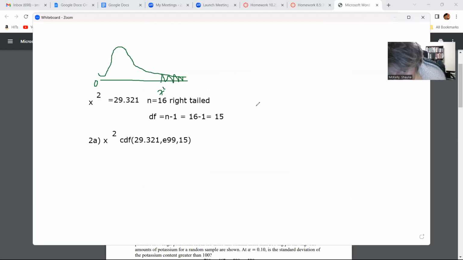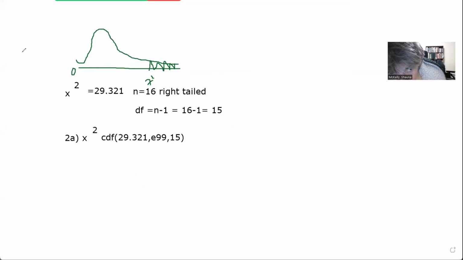So this is going to be chi-squared is going to be 10.215 and n is 25.